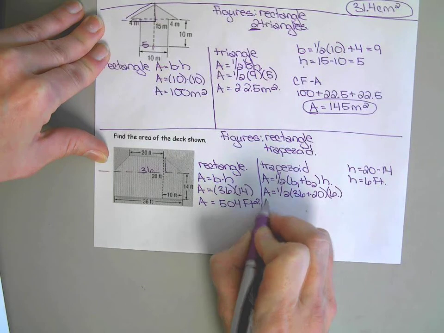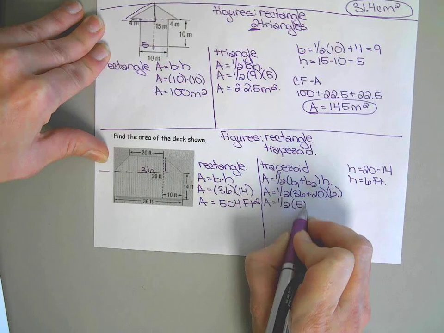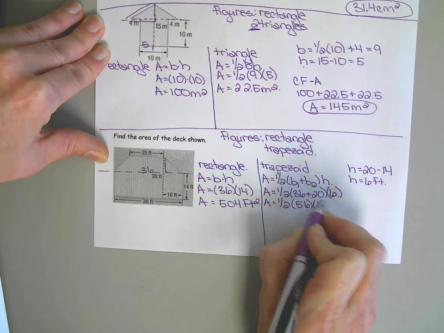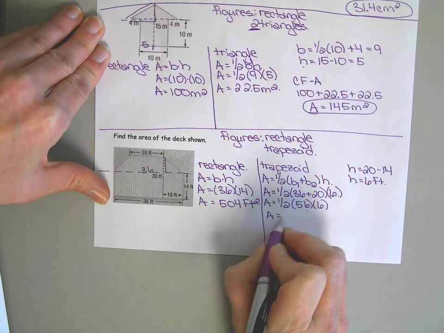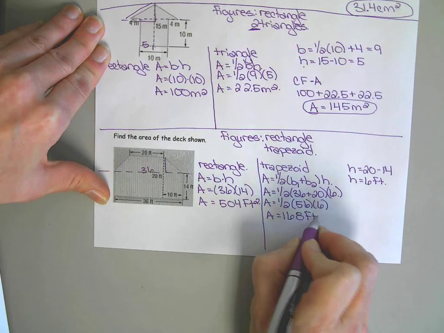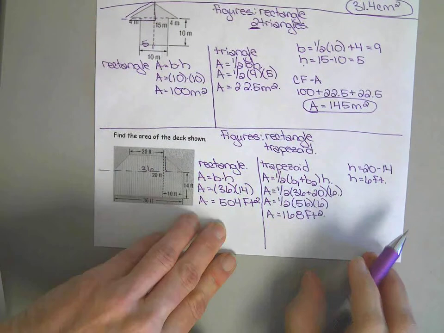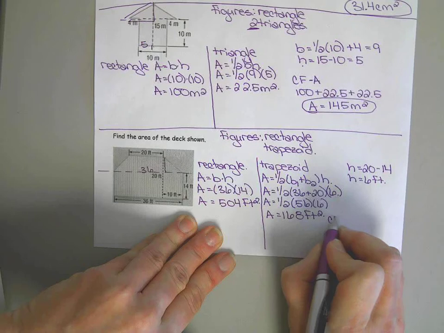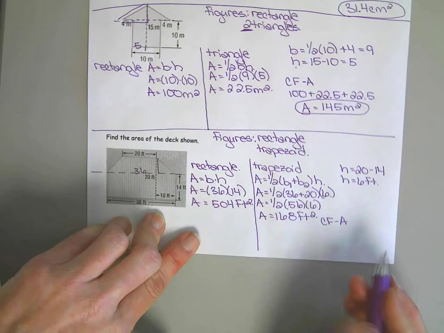But remember, order of operations. So we have half times 56 times 6. After doing so, you should get 168 feet squared. And our last step for finding the composite figure area is adding these two figures.